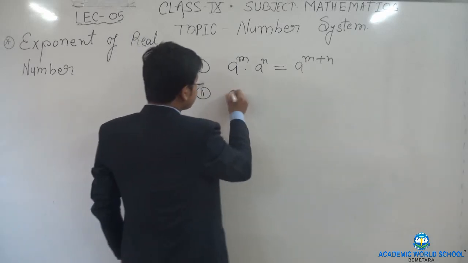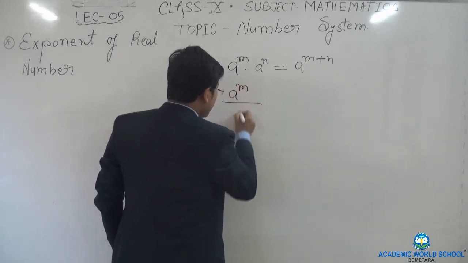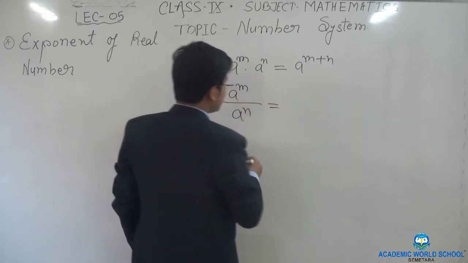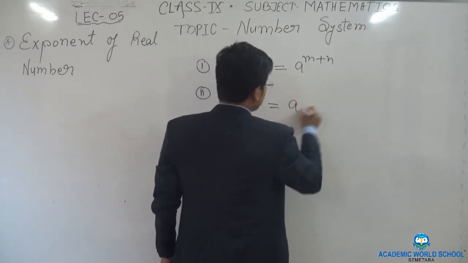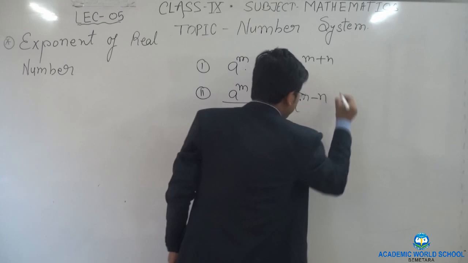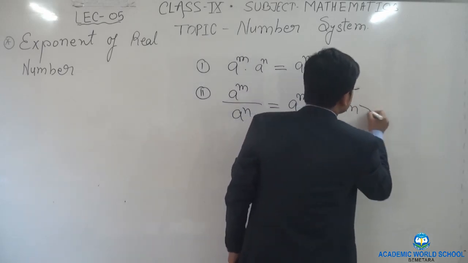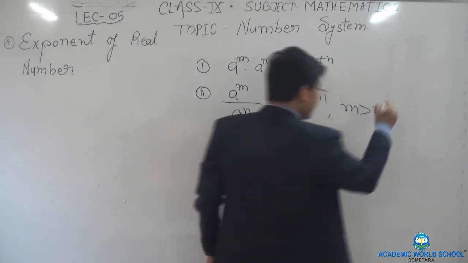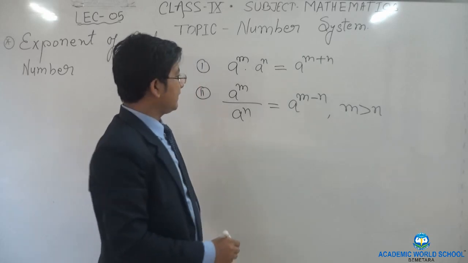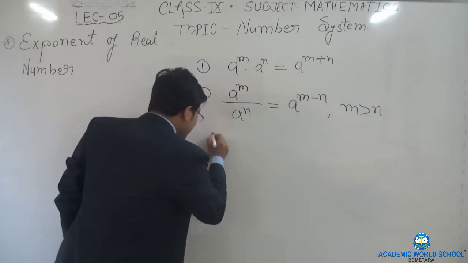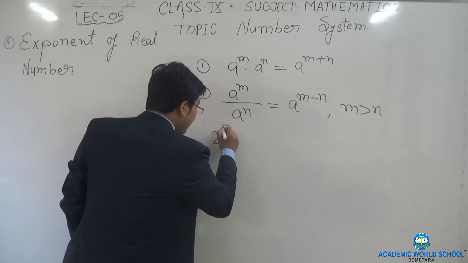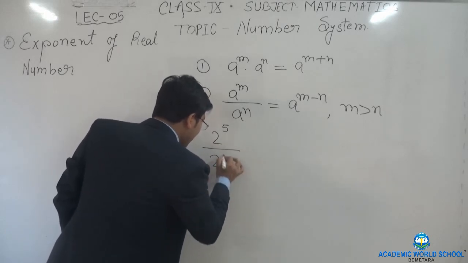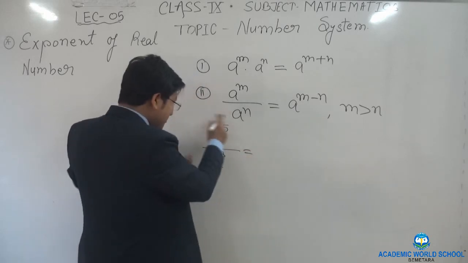Now second, a to the power m upon a to the power n is equal to a to the power m minus n, where m is greater than n. Now what is this? If I am writing 2 to the power 5 upon 2 to the power 3, what does it mean?